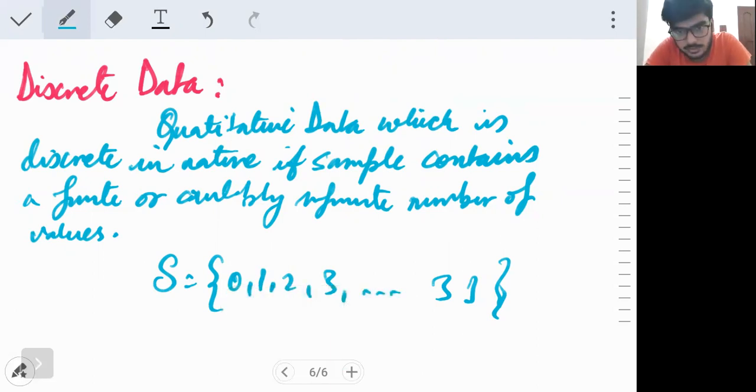If we try to understand the condition for the sample space, the question could be how many credit cards do you have?